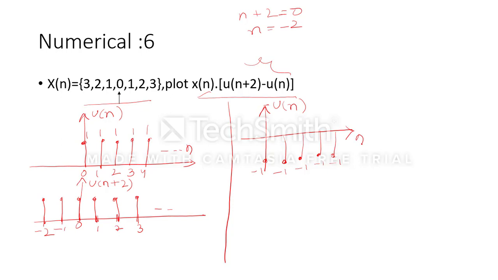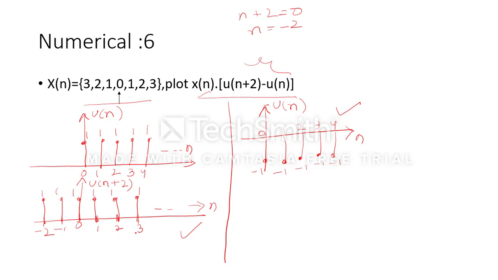So now if we add these two signals, we can see that from 0 up to n, all the sample values are 1, and from 0 up to n, all values are minus 1.